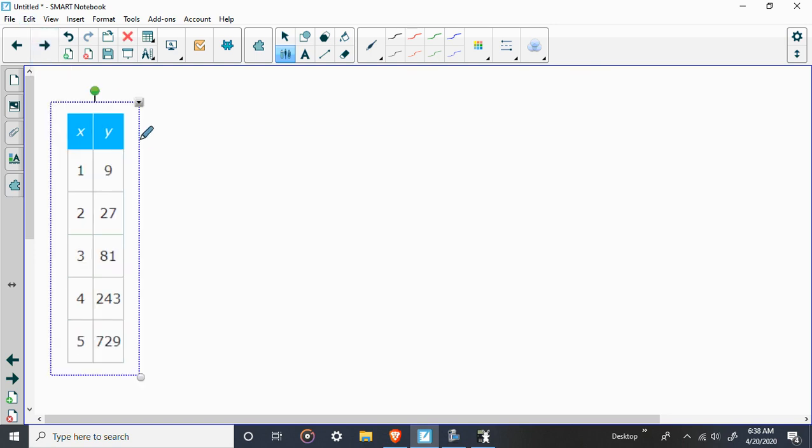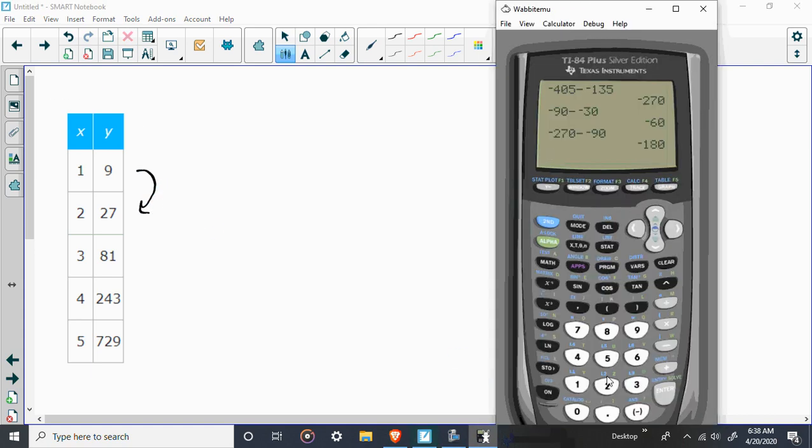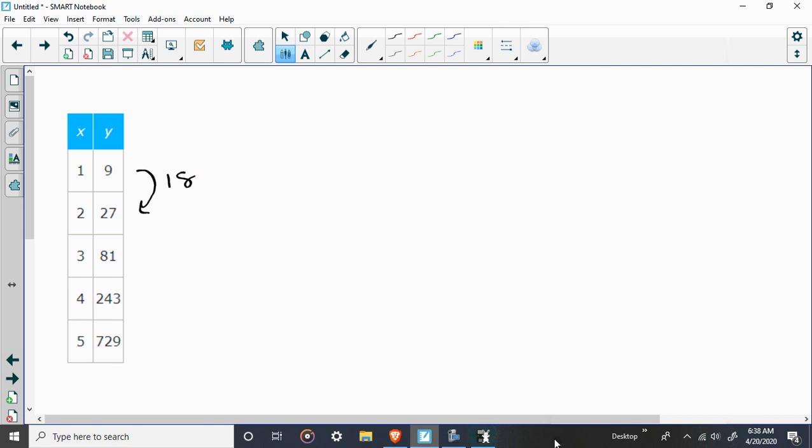All right, so here, what do I got to change? Again, from 9 to 27, I'm not going to do all these with a calculator. What's 27 minus 9? You guys know your times tables. That's going to be 18.